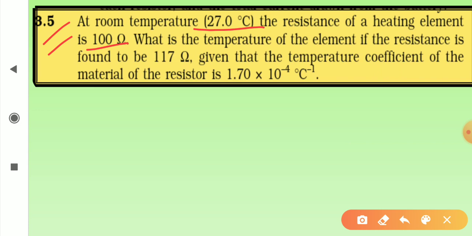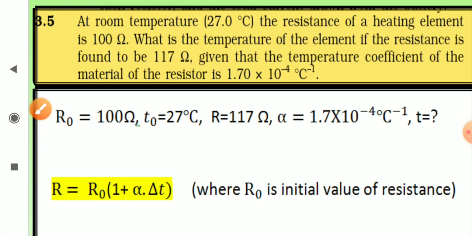Now what is the temperature of the element if the resistance is found to be 117 ohm, given that the temperature coefficient of the material of the resistors is 1.7 × 10^-4 per degree Celsius. So first you write everything which is given to you.